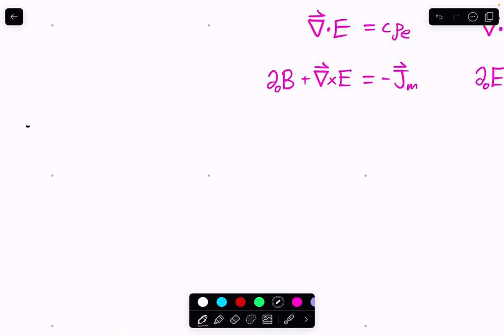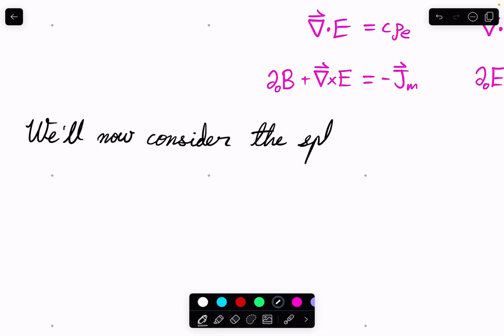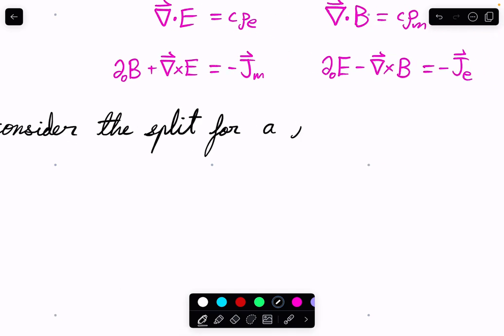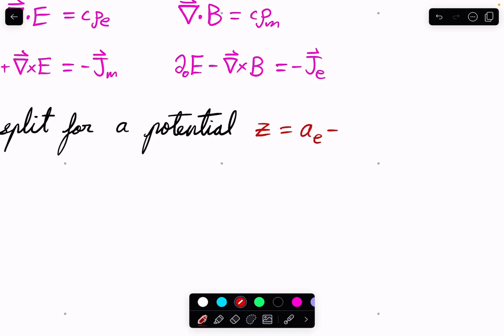So we'll now consider that for potentials. We'll now consider the split for a potential Z equal to AE plus AMI.